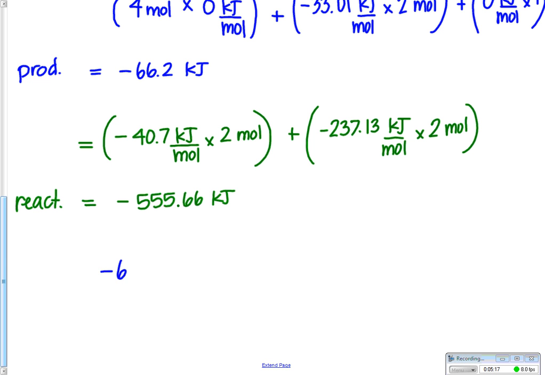So products minus reactants. And we want to make sure we're careful with our significant digits. Just kind of think of this as adding our problems together. So when we add, we want to make sure we count our decimal places.